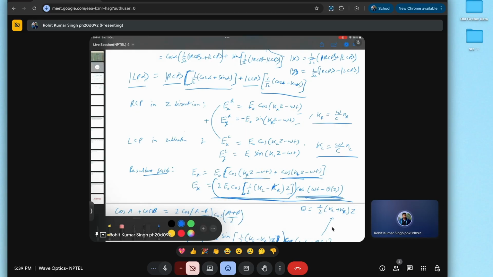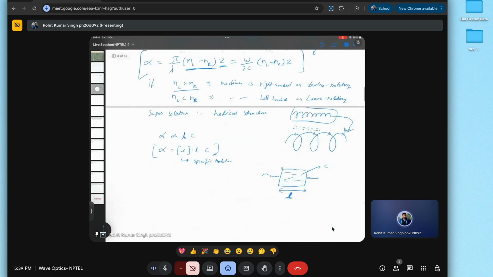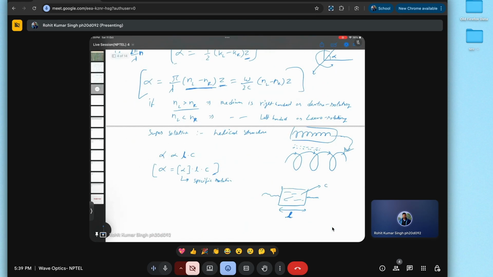Similarly, right and left circularly polarized light, when traveling through a medium, and this medium, as I told you, is very special, has this helical structure.